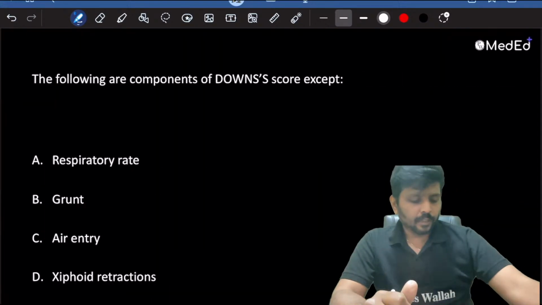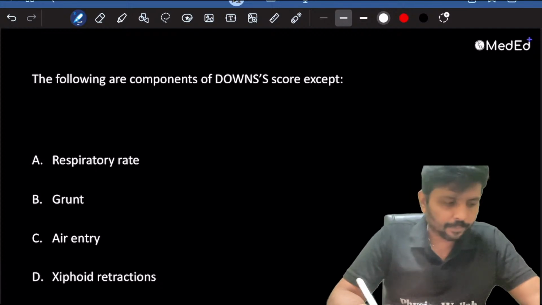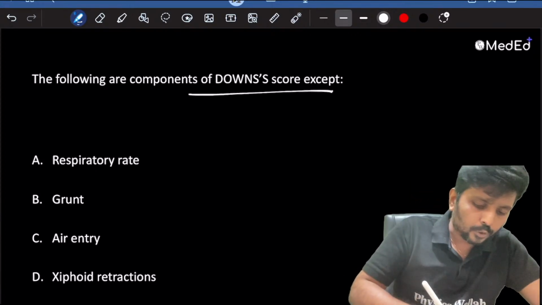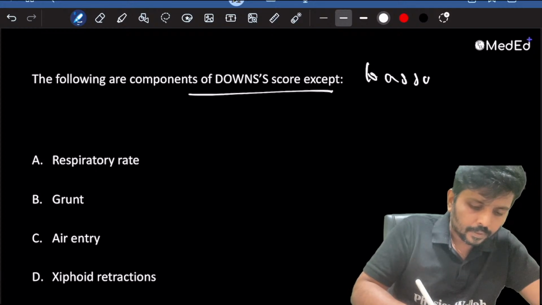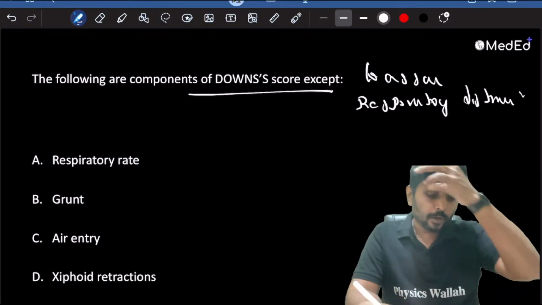Next question. The following are components of Downes score except. So what do you mean by Downes score? Downes score means to assess respiratory distress of newborn.